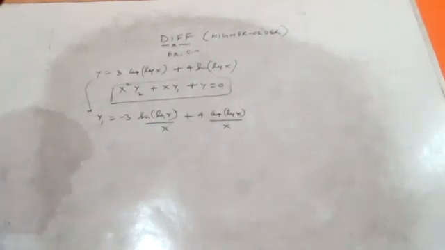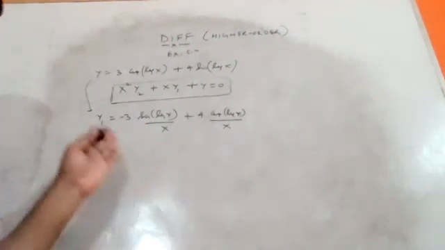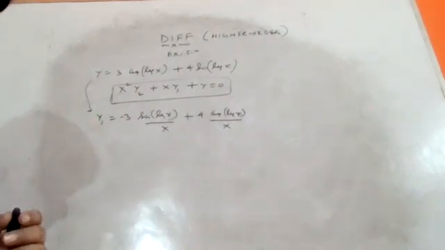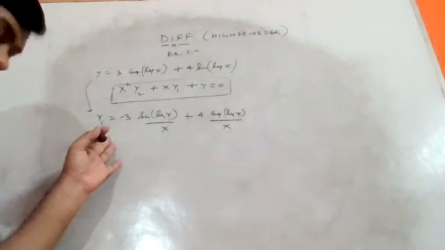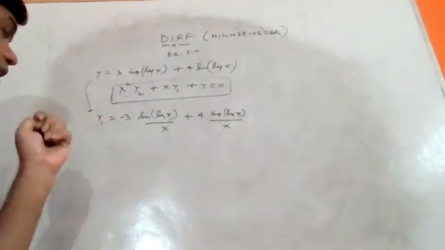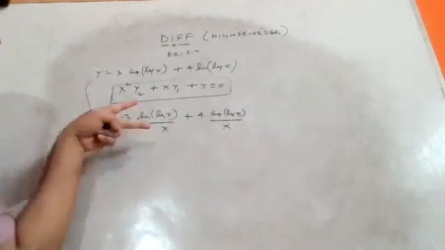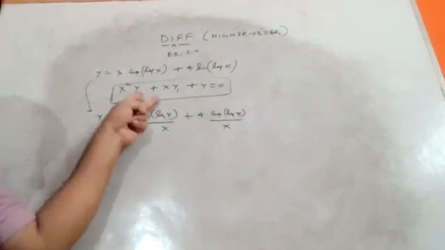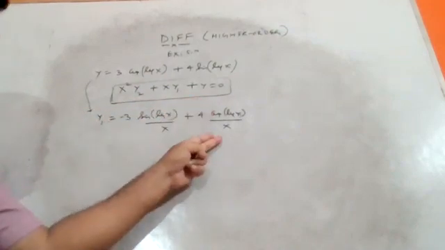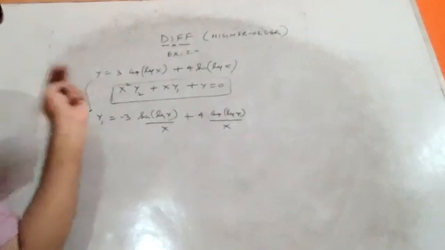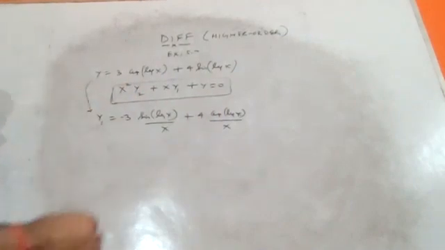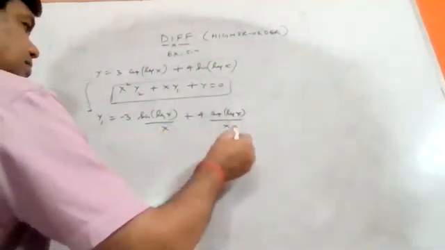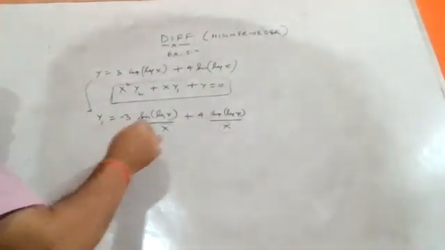Now we proceed to our next step, which is to find the second order derivative. Here you can use a trick. If the first order derivative is a fractional quantity and you want to create the second order derivative, the trick is to take the common denominator x and shift it to the other side.